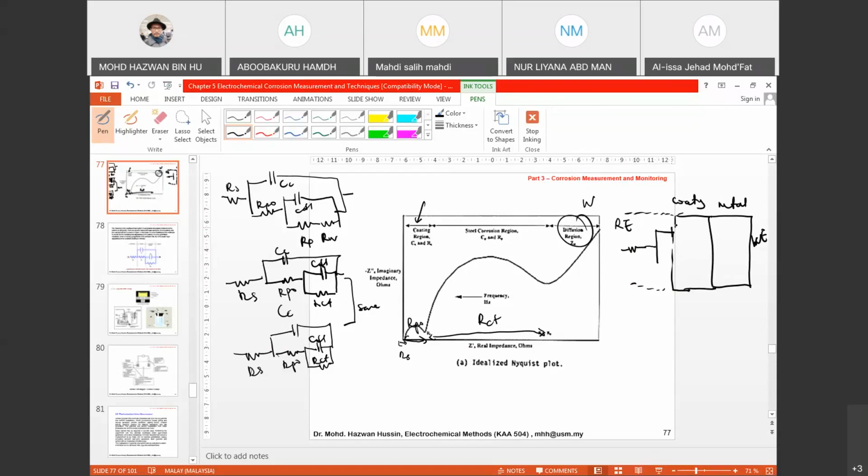You're going to have coating capacitance and also coating resistance. And then after that, what's next?